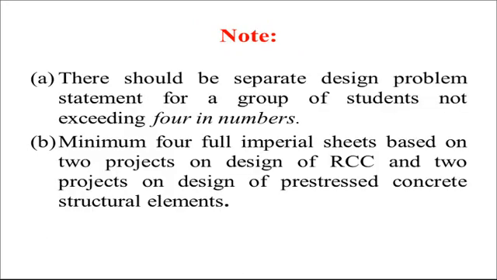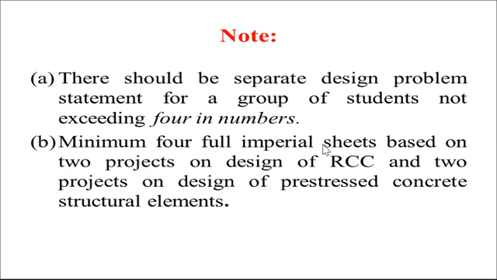Now, a note is given in the syllabus. There should be a separate design problem statement for each group of students not exceeding 4 in number. That means for term work, we can divide into a maximum of 4 students, minimum 1 student, and we can design the post-tension girders as well as the retaining wall and the water tank.